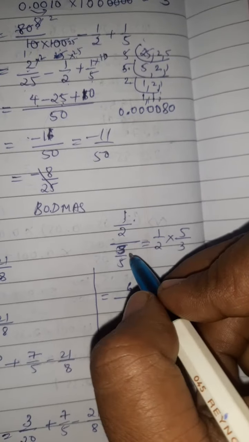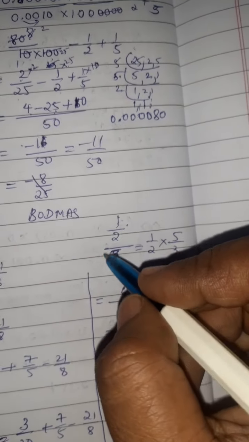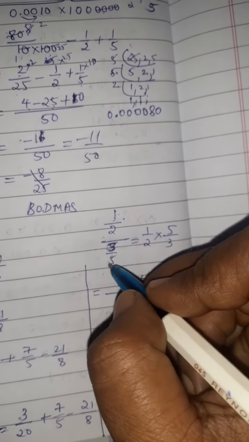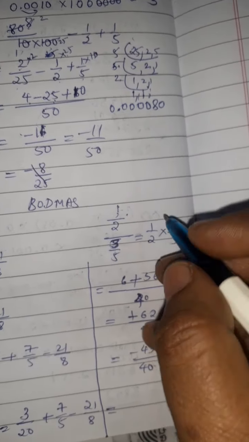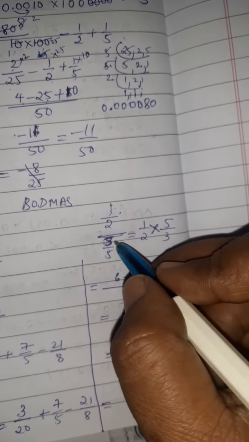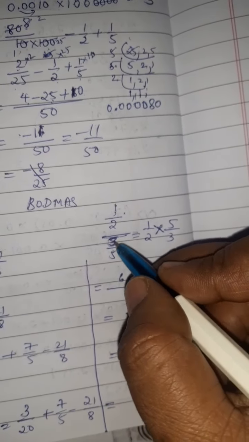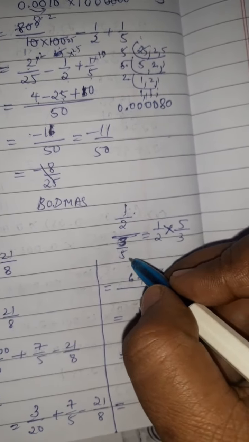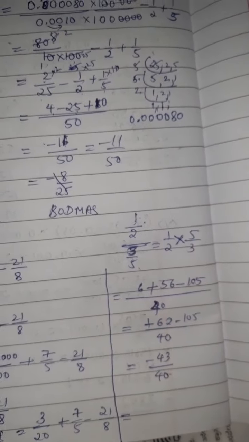Two fractions we have. Then how do we write? 1 by 2 into this denominator, we are going to send it to the numerator. So divided by will become multiplied by; we are going to change the numerator and denominator. That is, we are going to write the reciprocal. 3 by 5 will become 5 by 3.